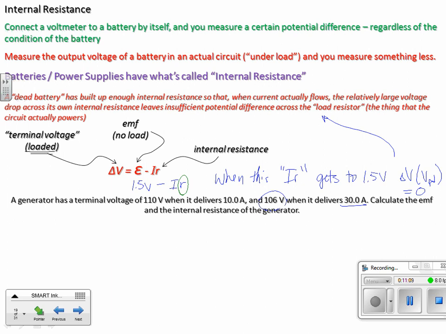So based on how much current flows, the terminal potential difference can change. Now, what doesn't change is the EMF, right? Just like our battery, no matter what, it says on the side 1.5 volts. Well, that's its EMF. That's what it's nominally capable of doing. So we can say that in each case, E is constant.